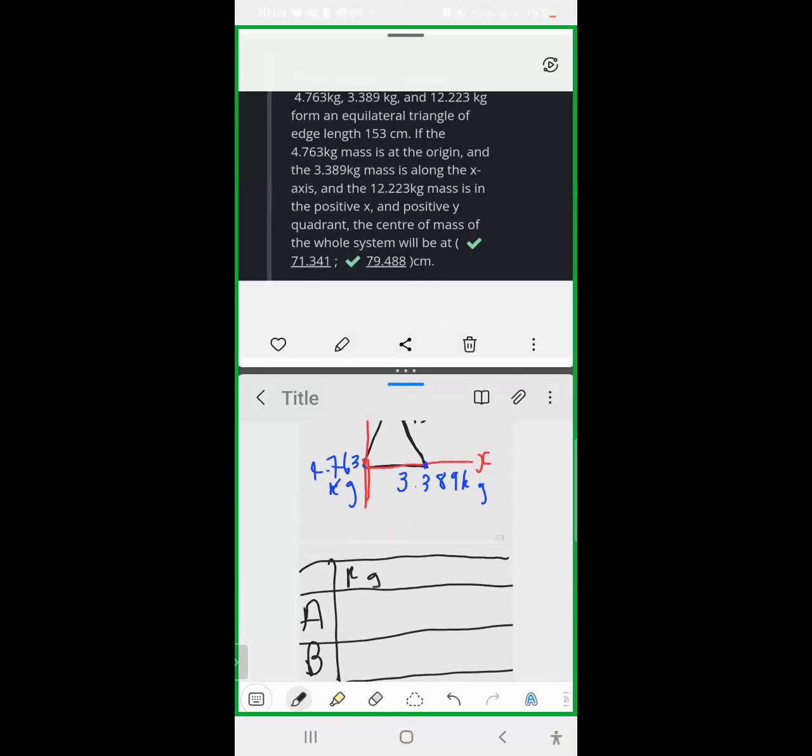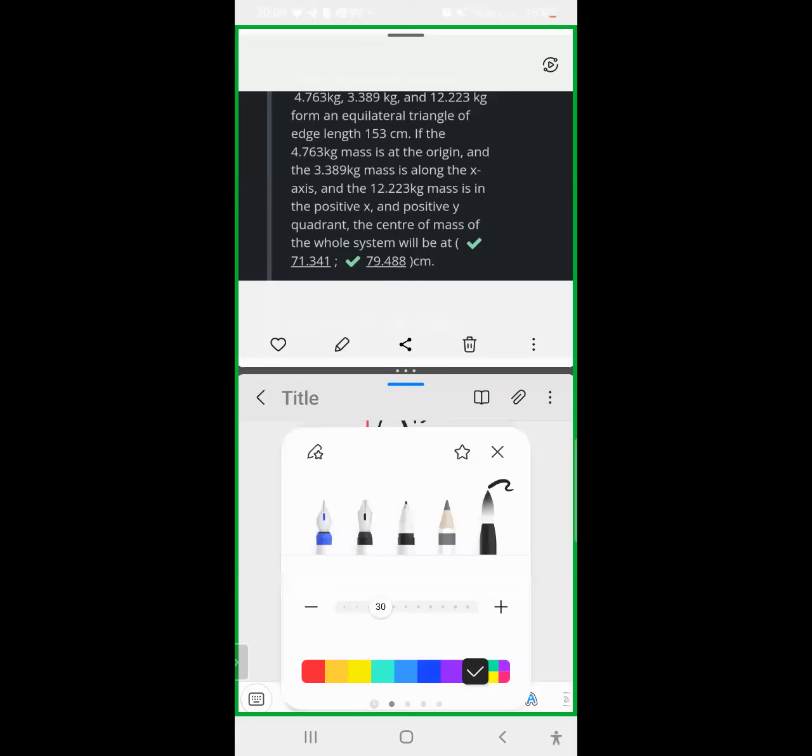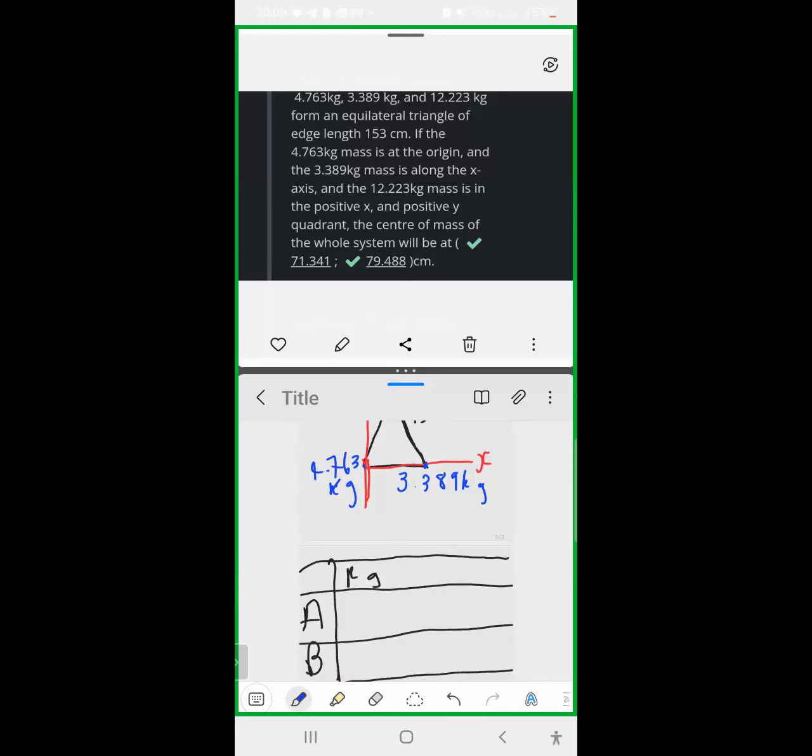So we have for A, on my diagram, before I forget, we can label this mass here on the triangle as A. We can label this to be A, and then this to be B, and then this to be C.